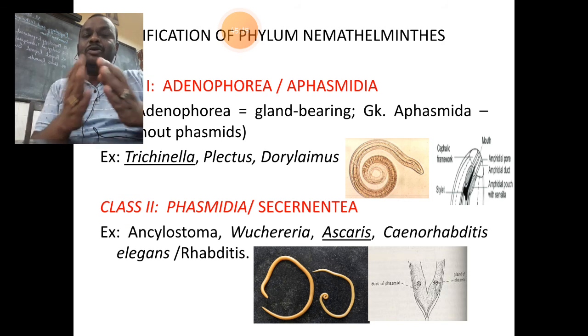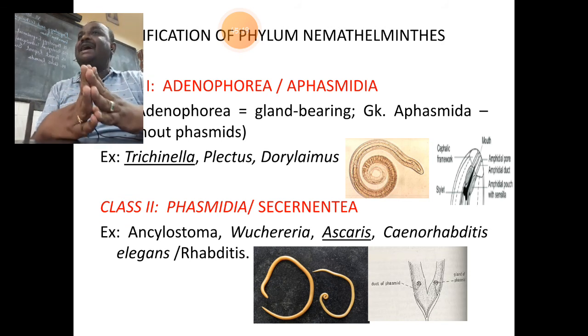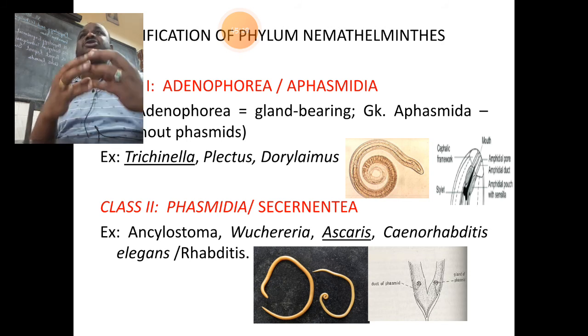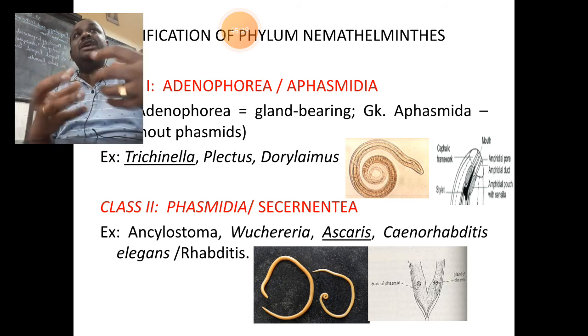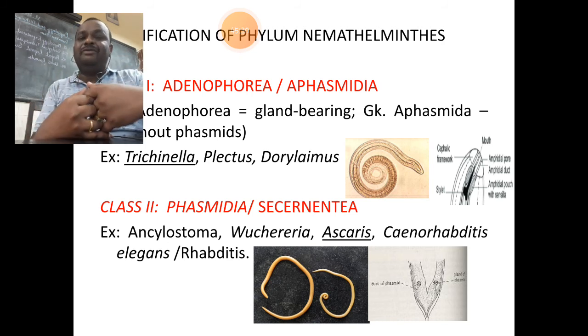This particular group, phasmedia, includes the animals that show phasmids. Phasmids, as we know, are the sensory structures present towards the posterior end, indicating the chemoreception function.